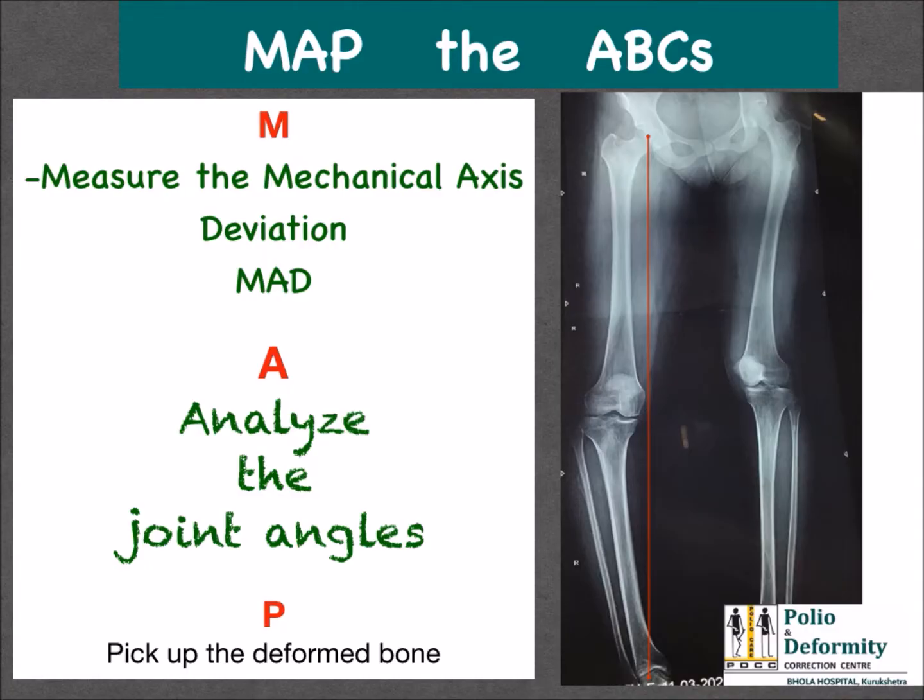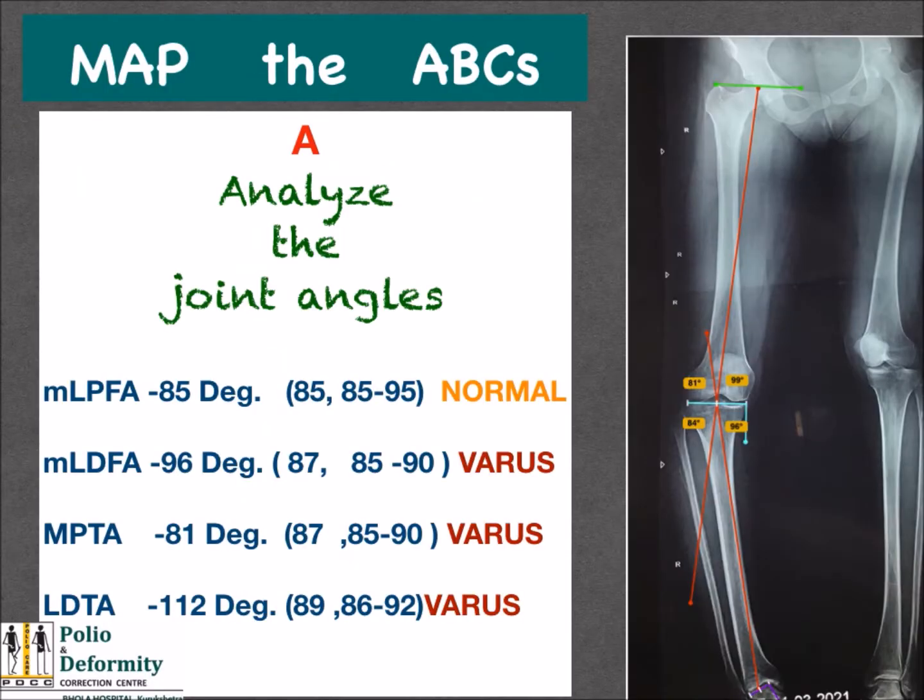Map the ABC. First M means measure the mechanical axis. Once we have measured, we have found that the knee is in varus. Then we analyze the angles. On analyzing the angles, we find that the upper end of the femur, MLPFA, is normal.